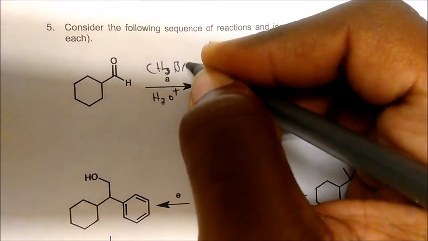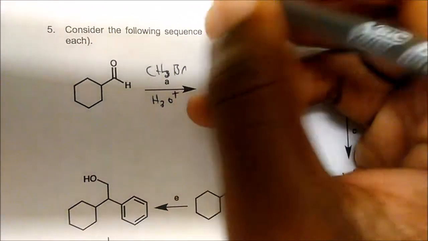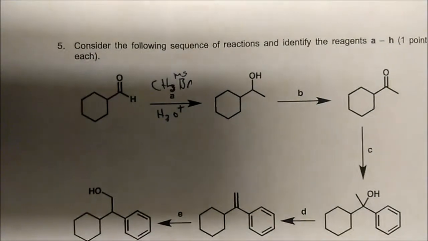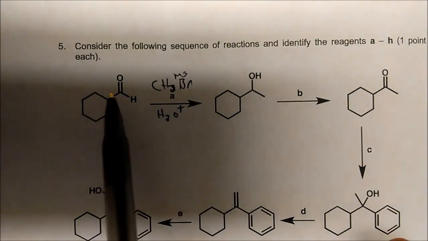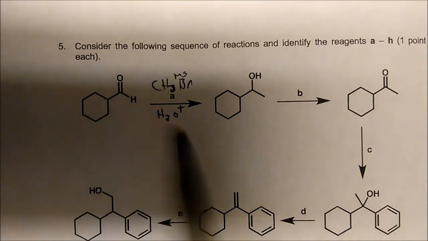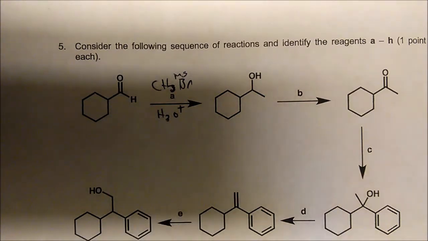It should be magnesium bromide, so methyl magnesium bromide. All this does is attack my carbonyl and form that CH3, and then the hydrogen comes in the last step to give me my alcohol. So methyl magnesium bromide in some sort of acid will be the answer for A.